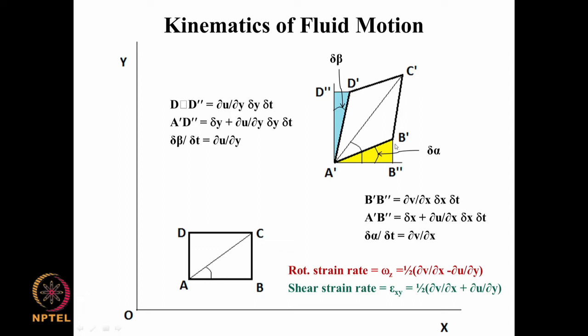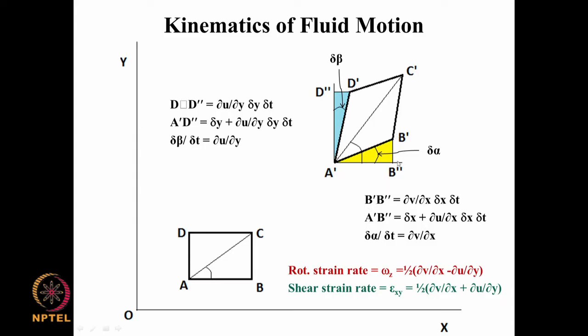And this is because the vertical velocity component V at B is greater than the V component at A. If the two vertical components are the same, then they will reach the same height in the time delta t. But because the V component is higher, this has moved up here.